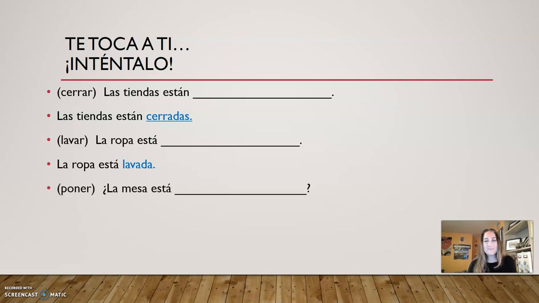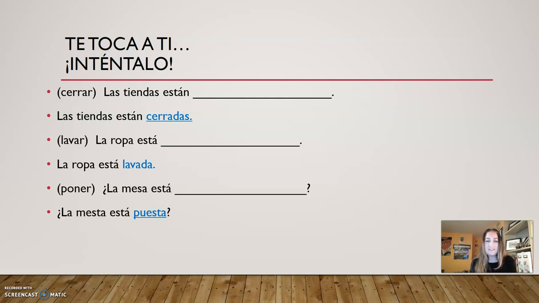You just saw this one a few minutes ago. La mesa está puesta. Puesto is the irregular past participle for poner, and I make it feminine to agree with mesa. And I see I made a mistake in spelling mesa in the answer.